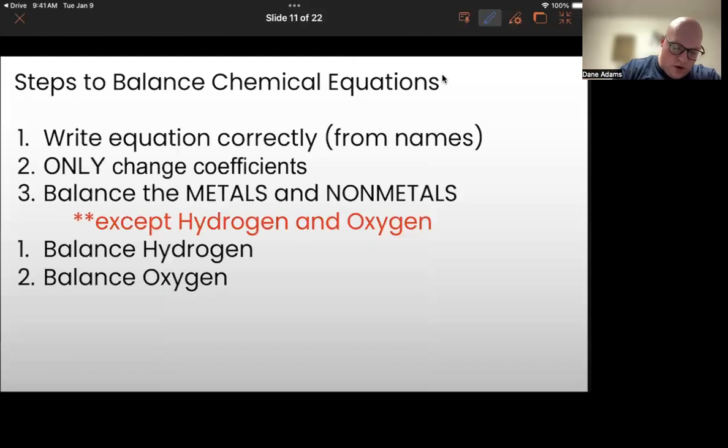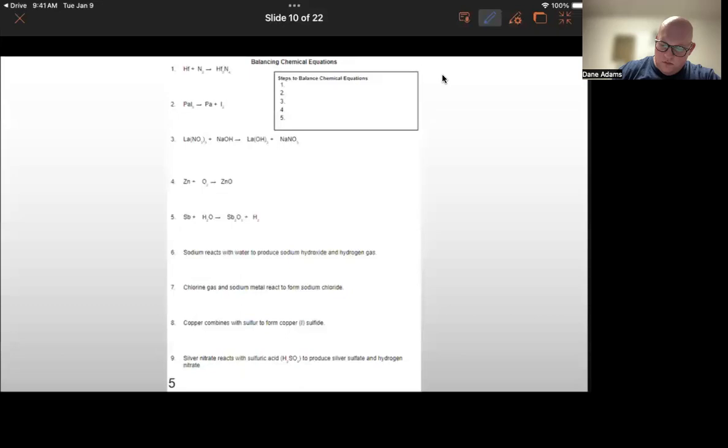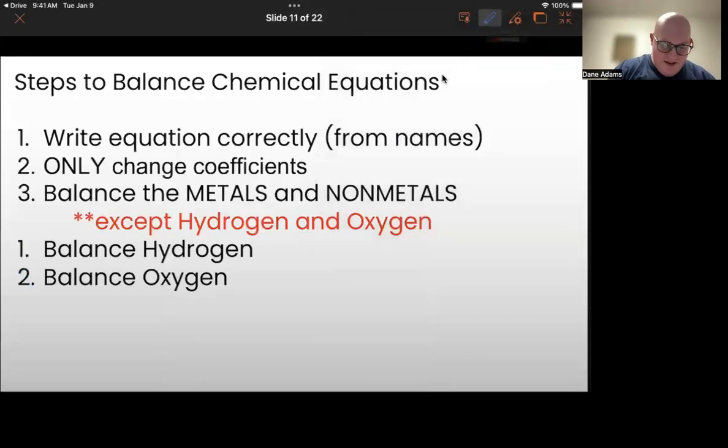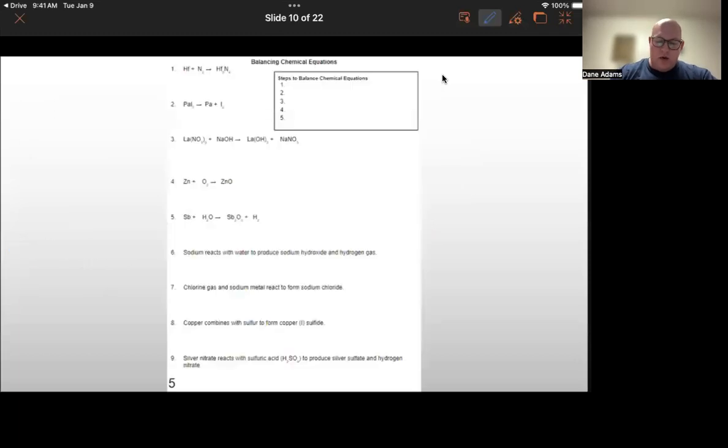Typically what I do, sorry, this should say 5 and this should say 6, or 5 and 6? No, 4 and 5, sorry. This should be a 4, this should be a 5. I generally write the equation from names first. In these examples, that step is kind of irrelevant because you're already given the formula itself, so all you have to do is balance.